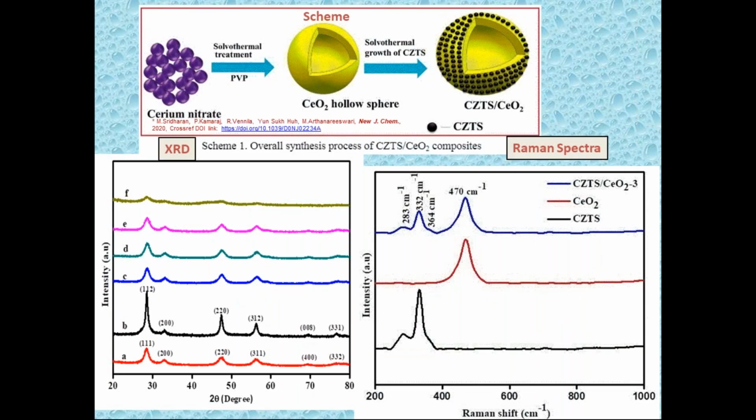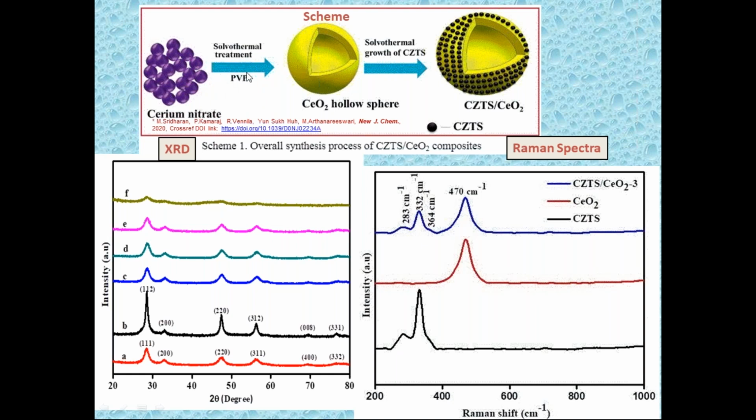Now coming back to the current research work done by my team, which is on quaternary CZTS nanoparticle decorated CeO2 as a noble metal-free PN heterojunction photocatalyst. This helps in getting efficient hydrogen evolution. It involves the use of silver nitrate, cerium nitrate, and PVP.